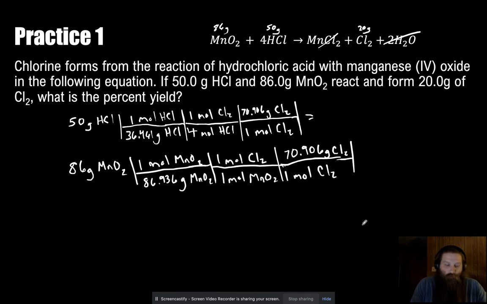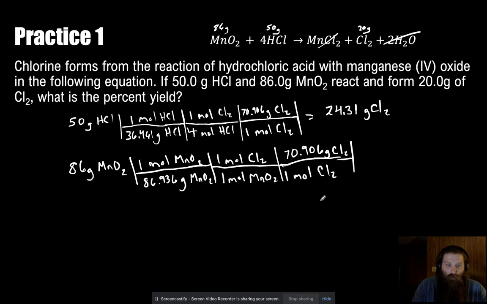So let's see what we get here. We've got 50 divided by 36.461 divided by 4 times 70.906. That gives us up top 24.31 grams of Cl2. Now, at the bottom, hopefully you can tell that the top number here is probably going to be our theoretical yield, but let's just run it in case.